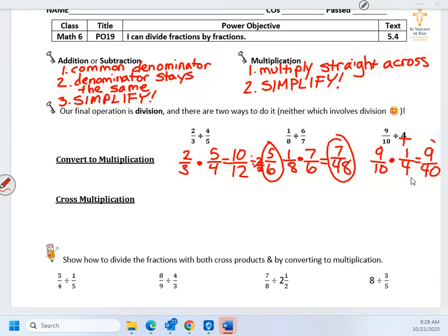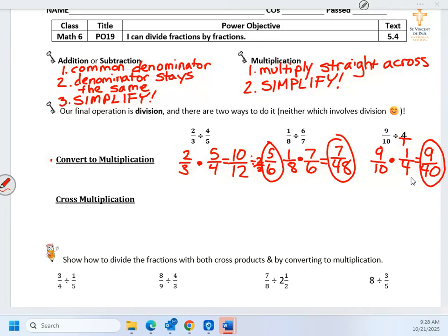So we have to be careful, double checking our math facts. Be careful with that. So that's our first way of doing it, converting to multiplication. Flip, divide to multiply, flip your second fraction, and then you just multiply like we did in our previous objectives.